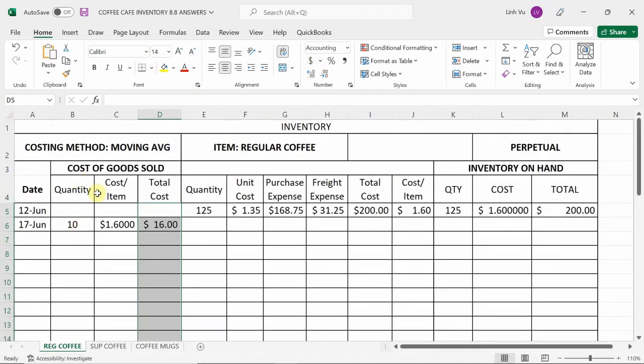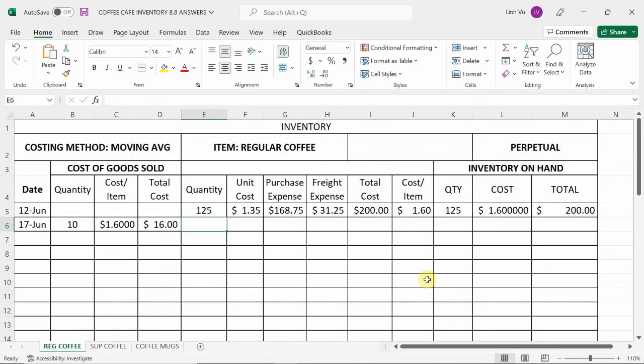Okay. So how do I update my inventory? What method am I using to calculate the cost of my regular coffee? Moving average. Moving average. How do we solve for moving average?